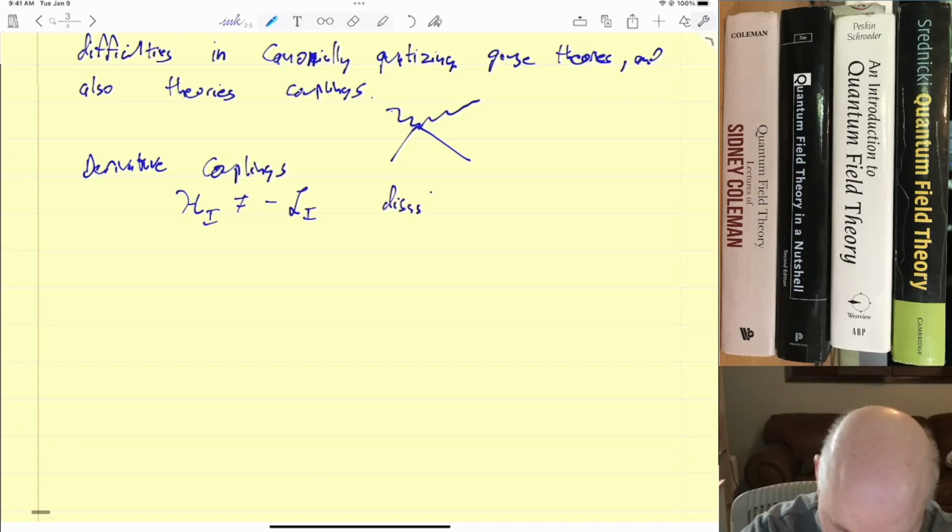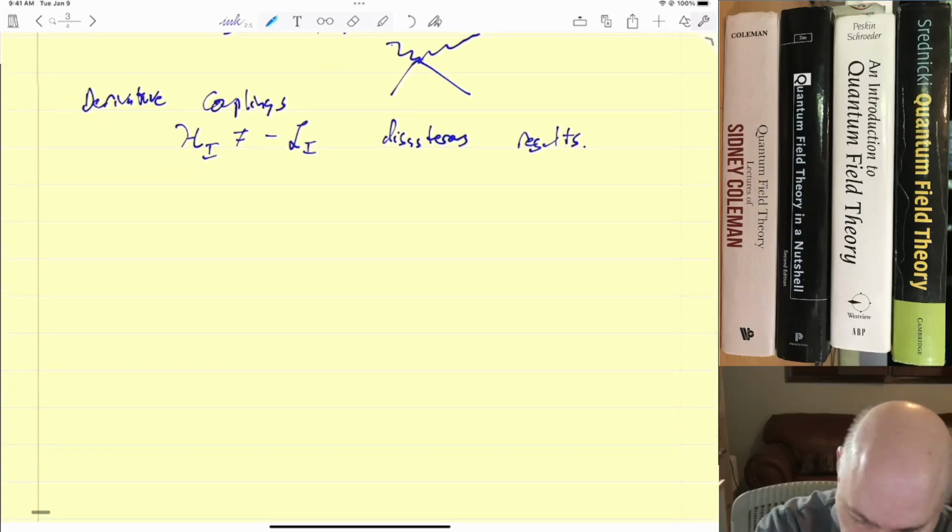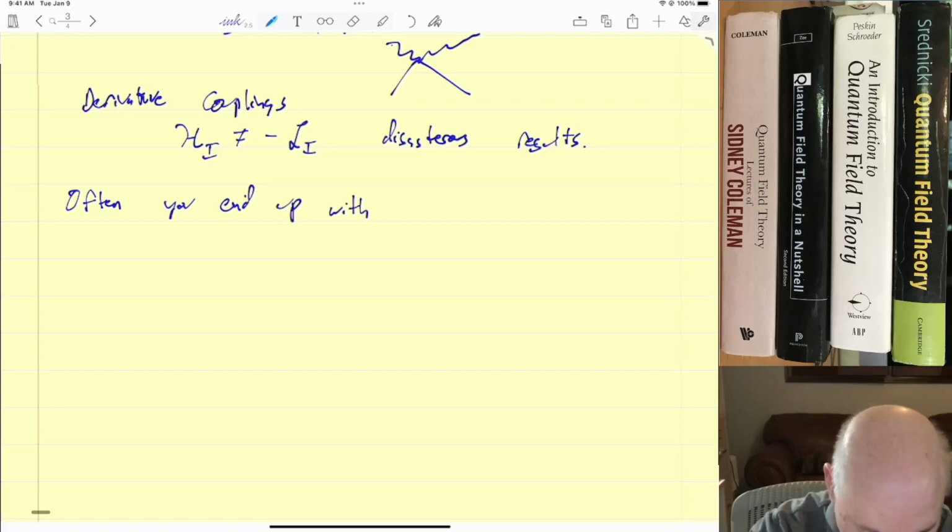And this can have disastrous results sometimes. And often you end up with non-covariant terms.